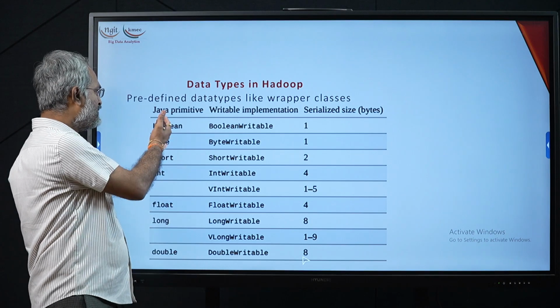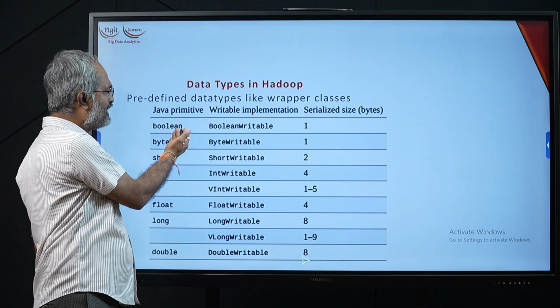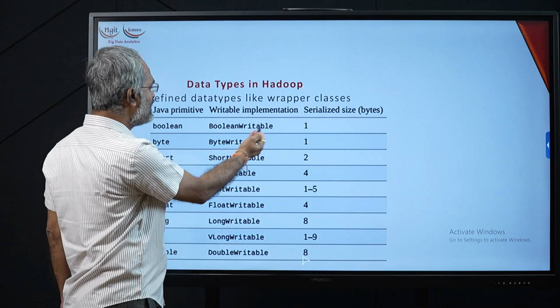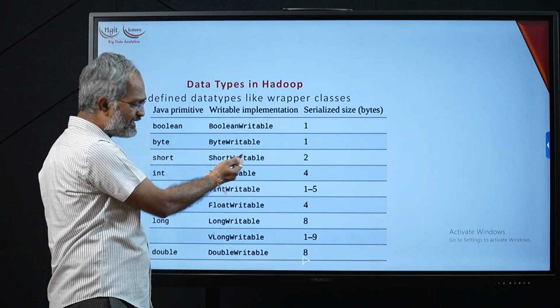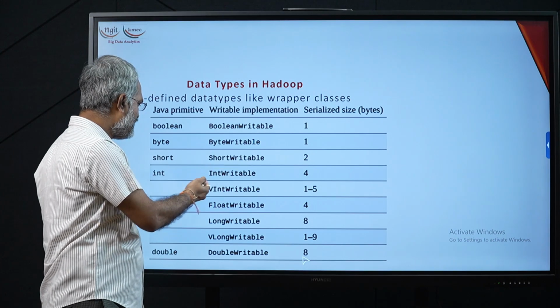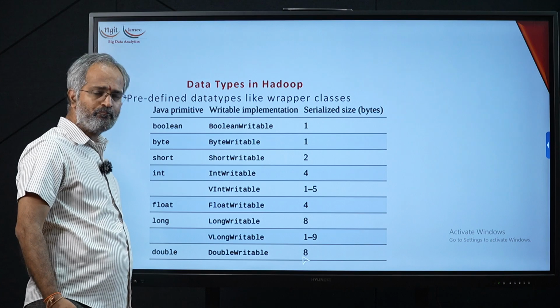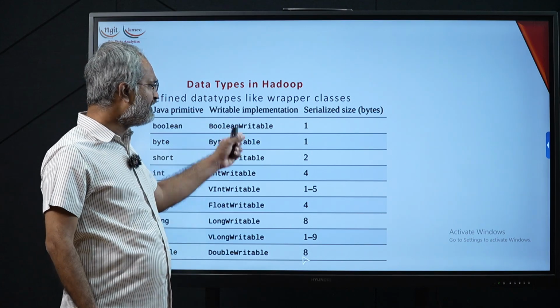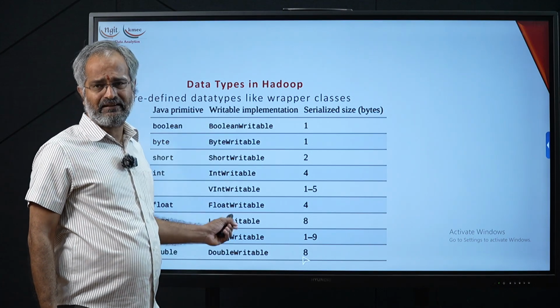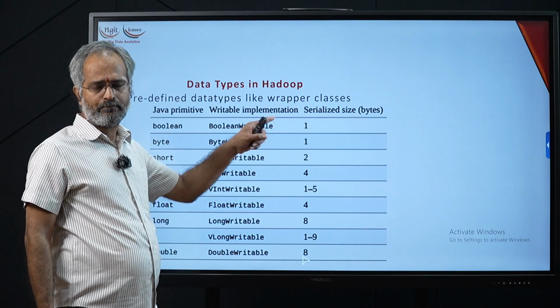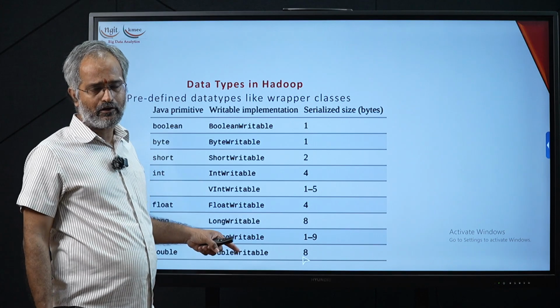So see here, Java primitive data types: Boolean. For Boolean we have the writable implementation available, that is BooleanWritable, ByteWritable, ShortWritable, IntWritable, FloatWritable, LongWritable, DoubleWritable. These are the various classes defined in the Hadoop library, the Hadoop API.